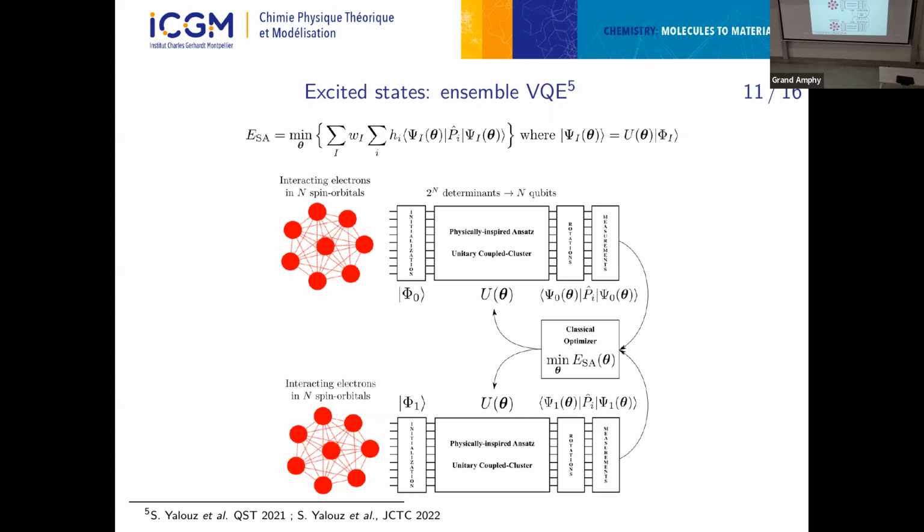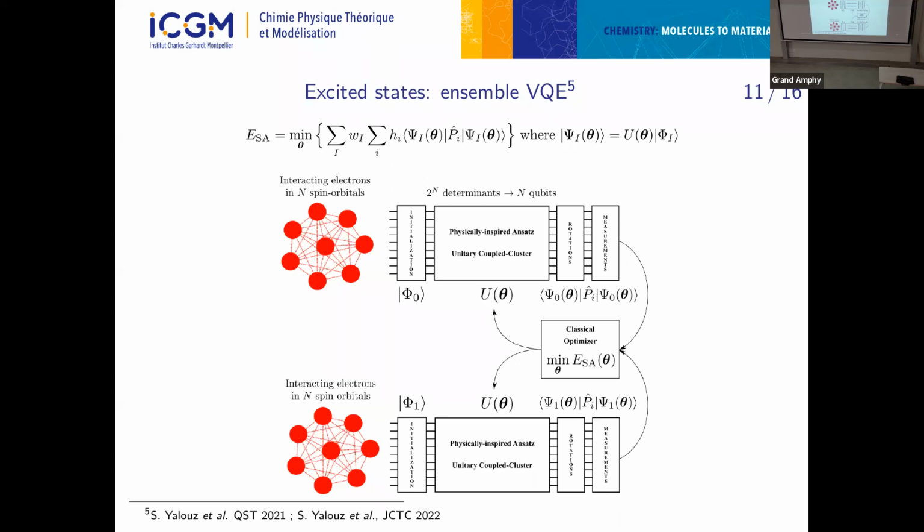So for instance, this is the V3 that I showed you before. Nothing changes. You prepare your Trifoc here, and you do your unitary quantum cluster. But on another state, you will prepare an initial state that is also simple to do, but which is orthogonal to the Trifoc state. So it can be a doubly excited configuration or a singlet excited configuration.